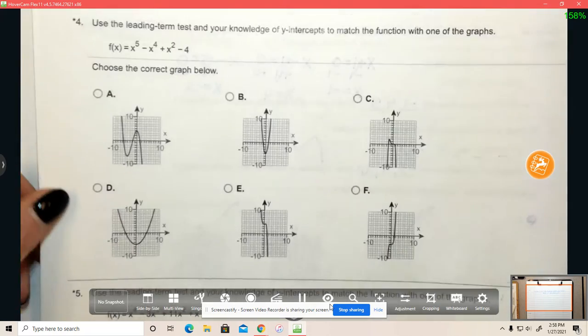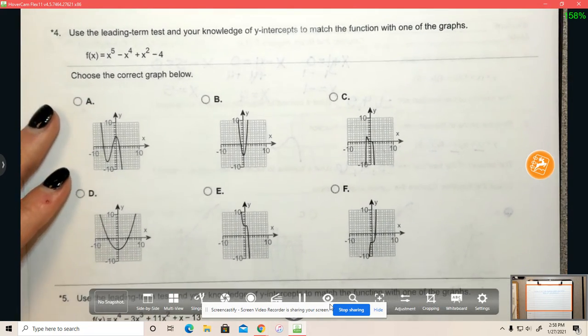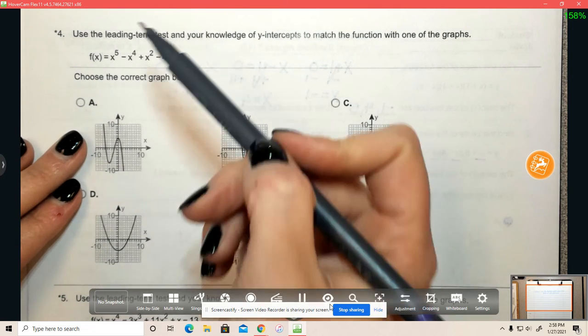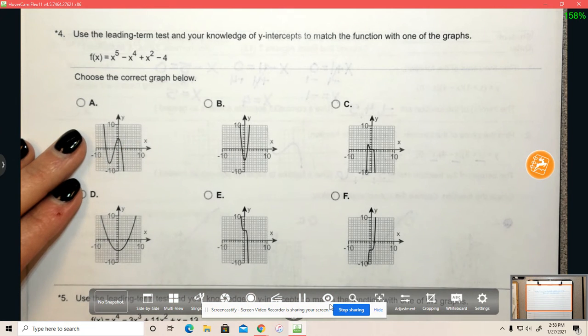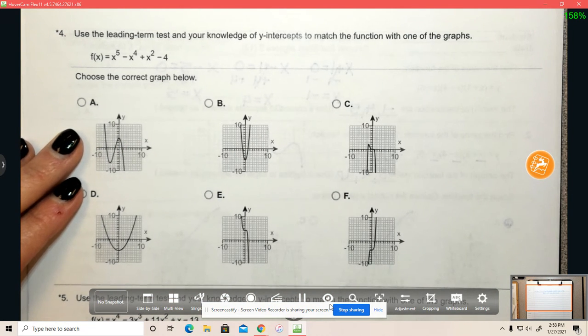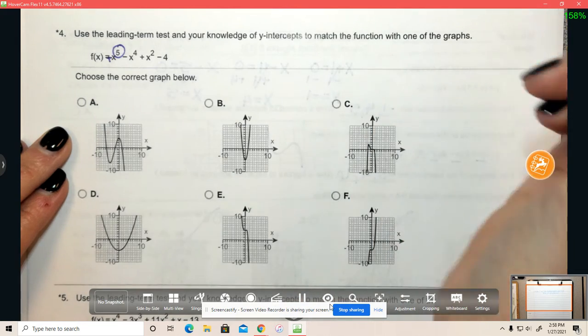All right, so number 4 is very similar. Again, you can graph it if you want to, and 5 is also very similar. You can graph the polynomial and then just pick out the graph that matches, or you can analyze it. I'm going to analyze it just because I think those are important skills. So it's positive and odd, so that means opposite directions, and we're going up.